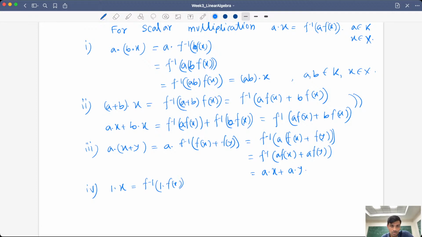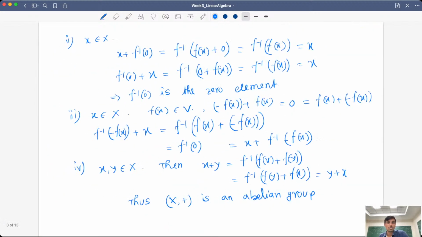So this is just not 1, it is just 1x fx, so this is f inverse of fx, which is just x. So all these four conditions are also satisfied for the scalar multiplication, hence with the plus and dot as defined previously, this is a vector space.